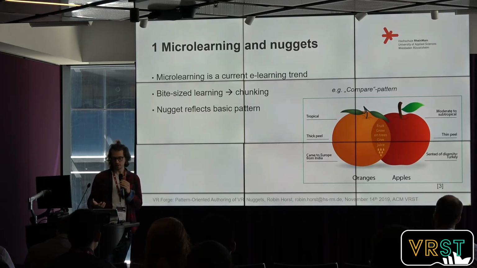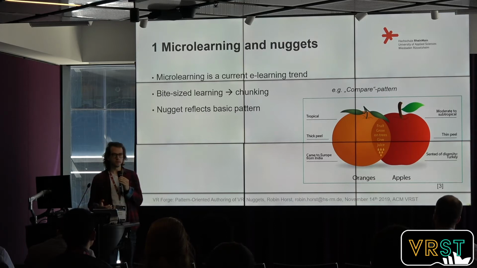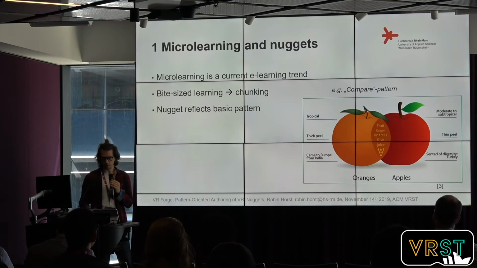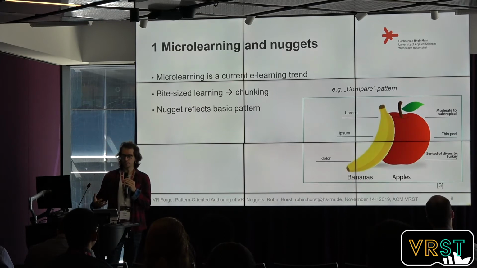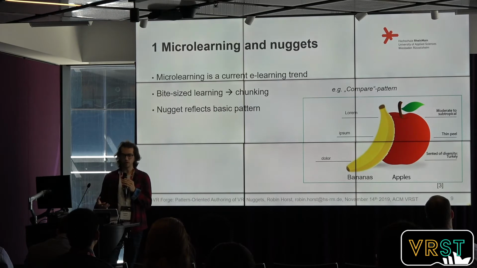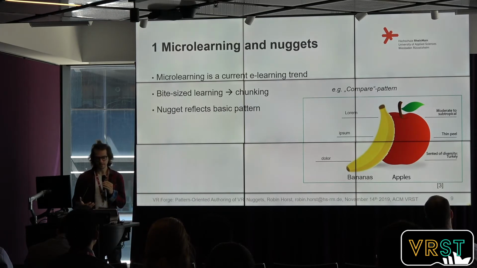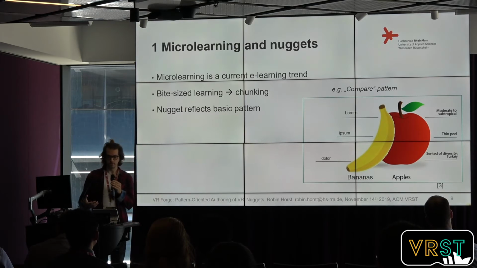For this we have an image of an apple and an orange side by side, and we focus on similar or maybe contrary aspects of it and point them out with some text annotations. If we now wanted to compare apples with bananas with the same visual compare pattern, we can all imagine how this may look using the same kind of visual approach.